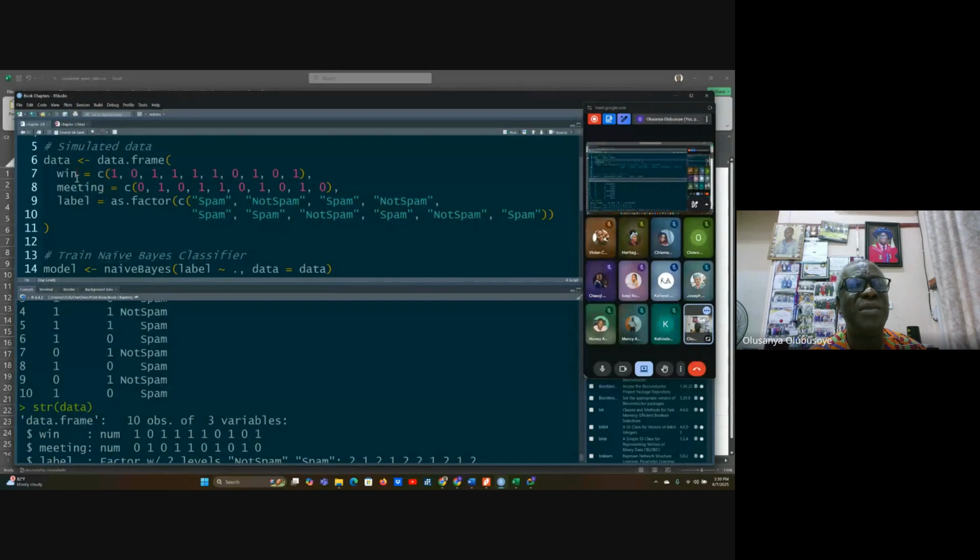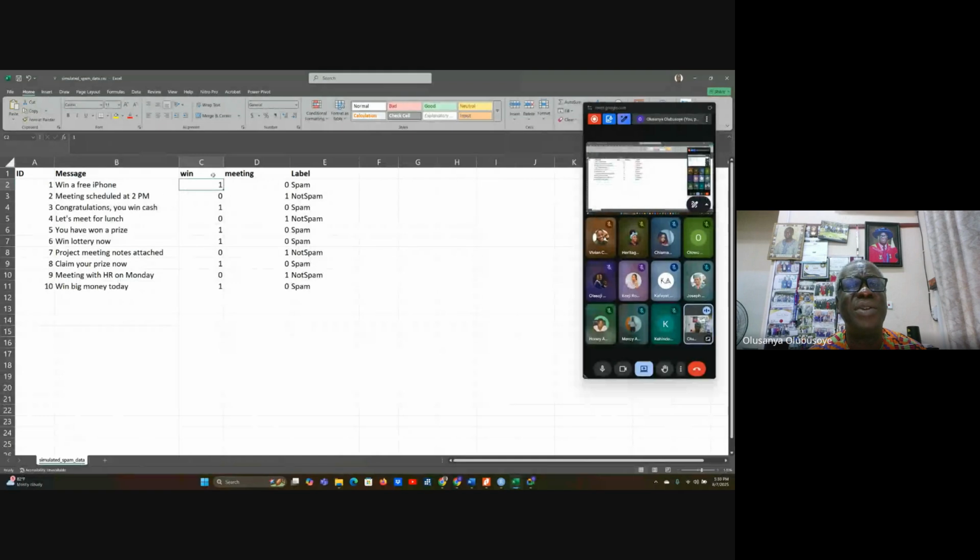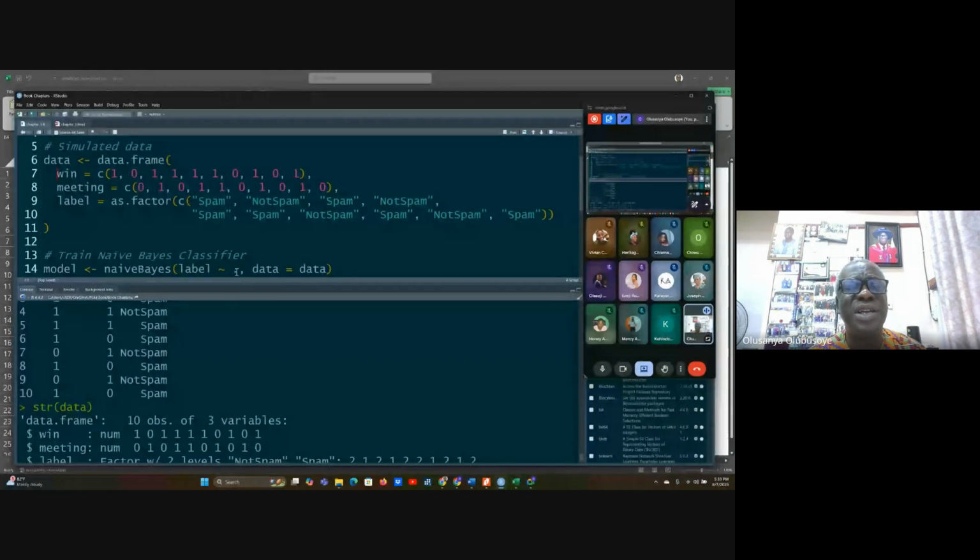So in our data, I remember last time we talked about the label and the features. In our data set, these are the features and this is the label. So when you put dot there, it means use all the features in the data set.